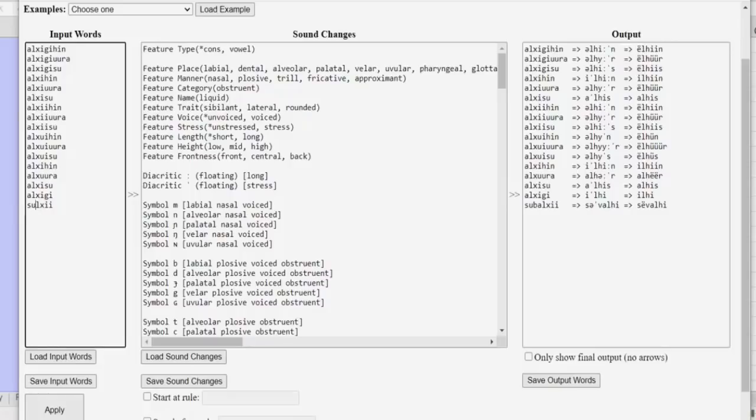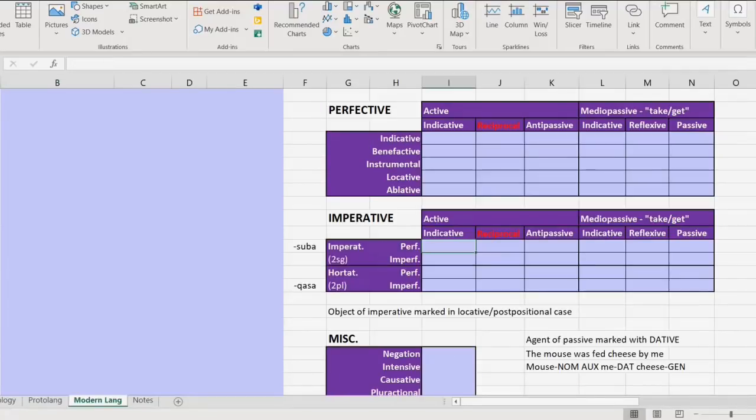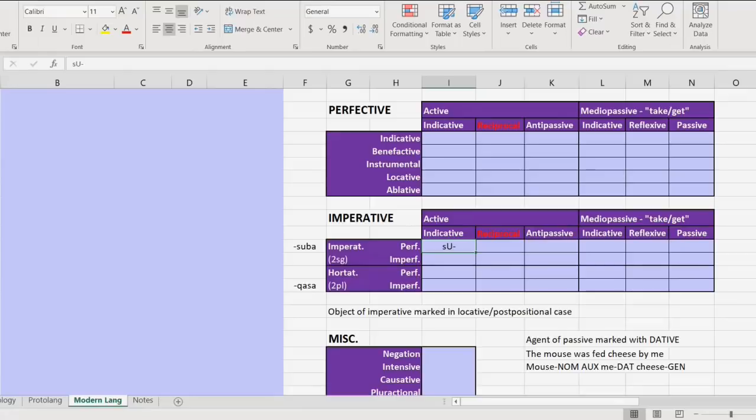I like that, and that's even less transparently related to the other forms. I'm going to go with it, sulhi. That's our fourth principal part, and therefore our singular imperative form will be su, with this underspecified high vowel.